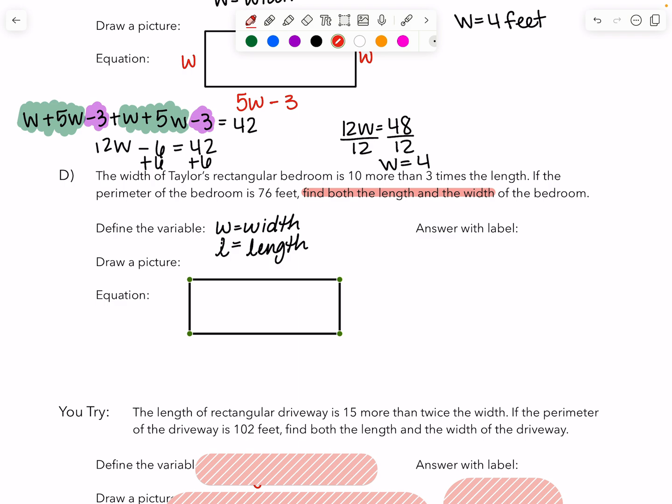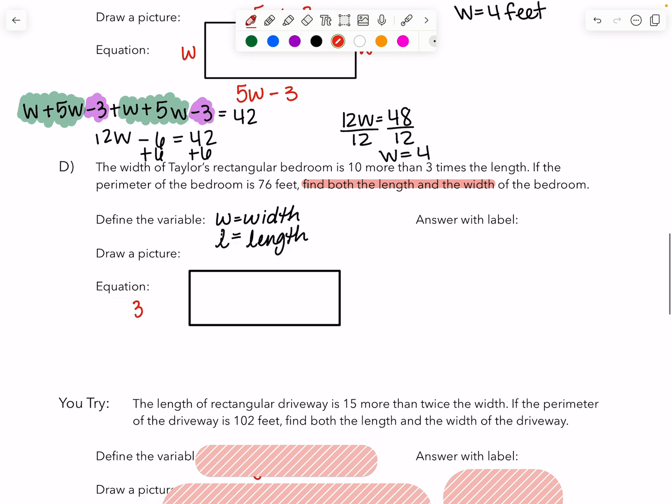So 3L plus 10. That's my width. 3L plus 10. And then my length is just L.